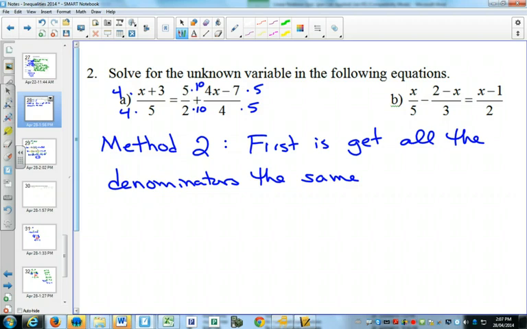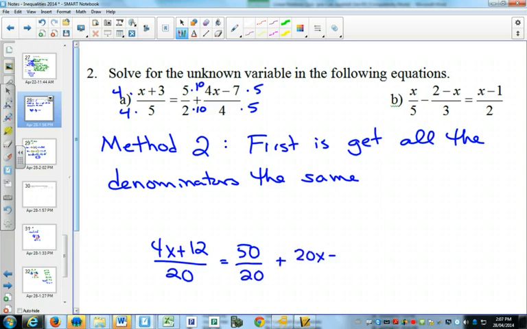What that'll give me is 4x plus 12 over 20 equals 50 over 20 plus 20x minus 35 over 20. So we first get all the denominators the same.